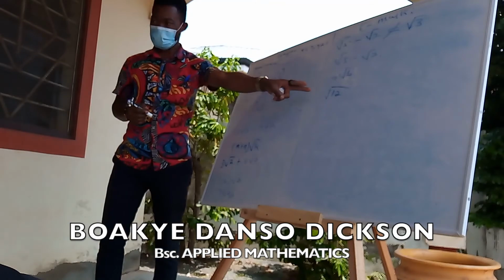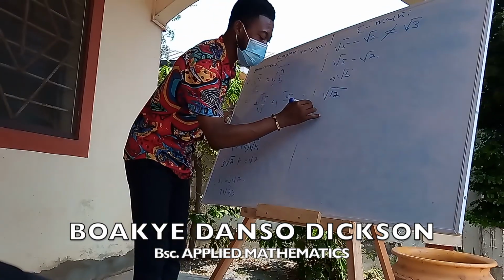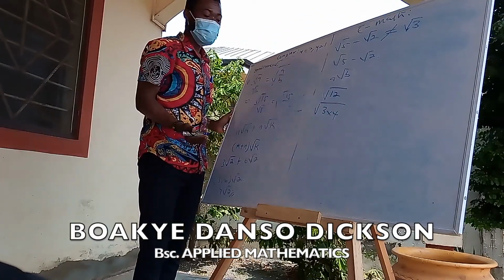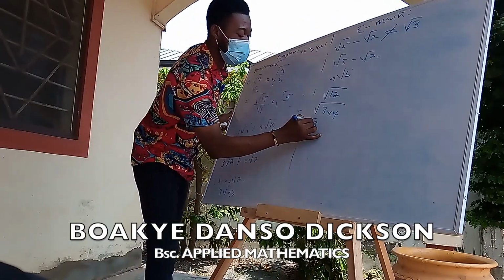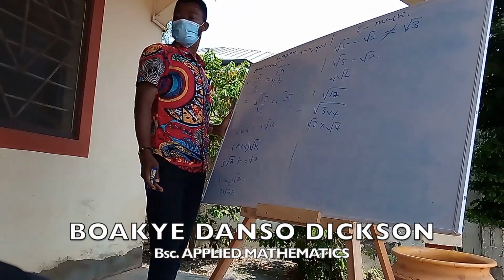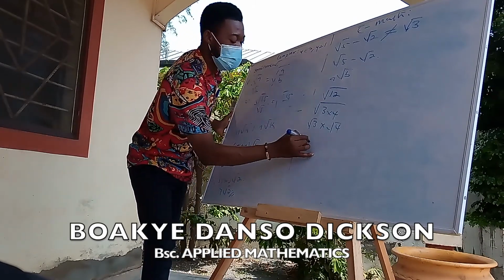Now we can break this to have a perfect square in it, right? Good. Because I know that √12 is equal to √3 times √4. Right? So I split this into √3 and √4. √4 is 2. So I have 2√3.